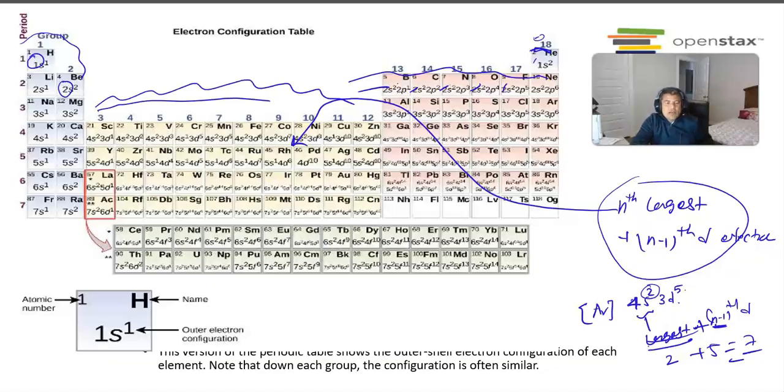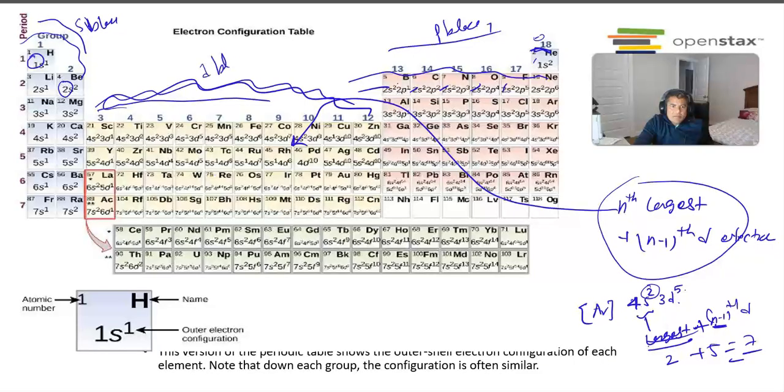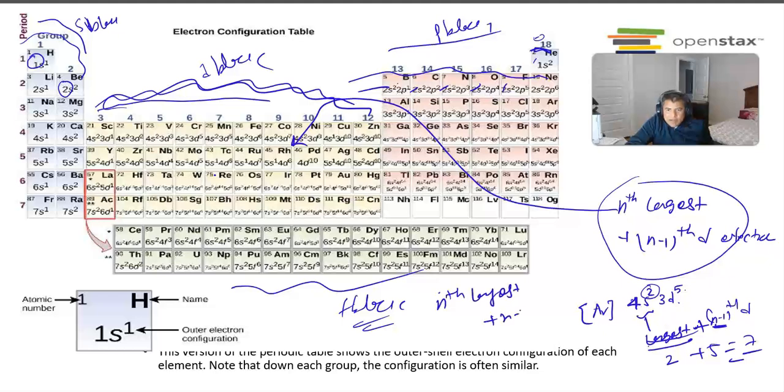So if you have d block elements, these are s block, they are p block, these are d block, these are f block. So the f block has the largest n s plus n minus 1th f.